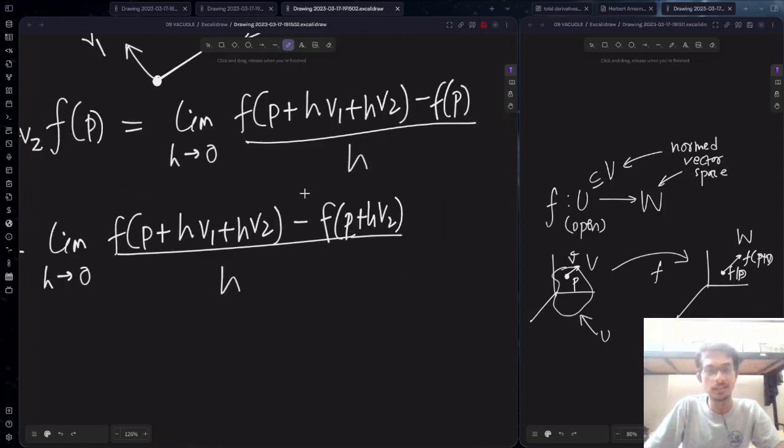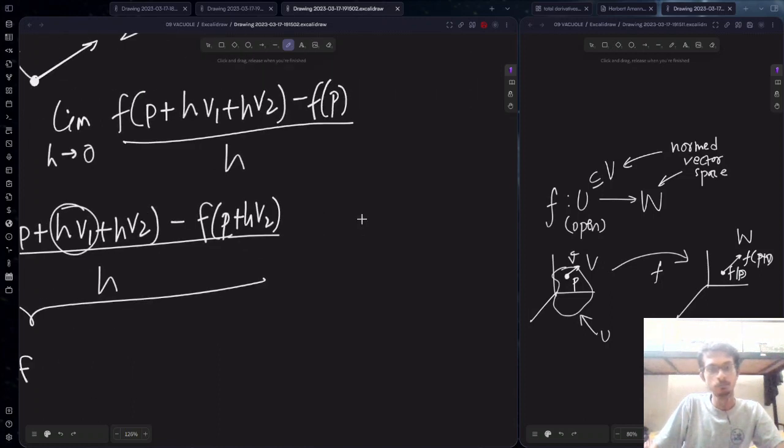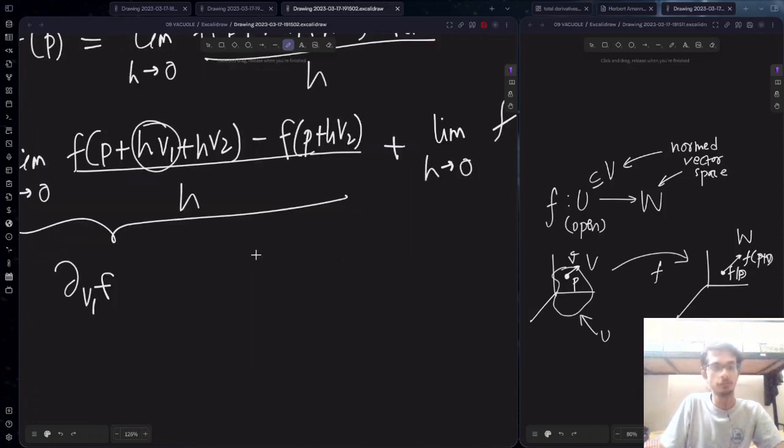But we can recognize that this is the directional derivative with respect to v1, because this is the thing that is added here, plus the limit of h tending to 0. I separated this term, I have to add this term, and this is the same exact thing but for v2.